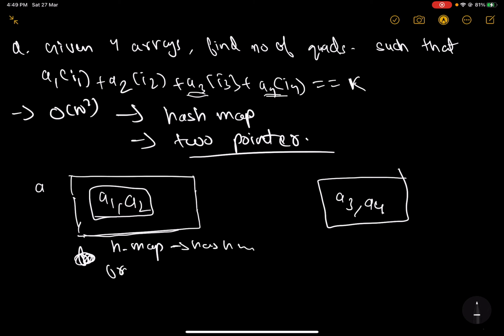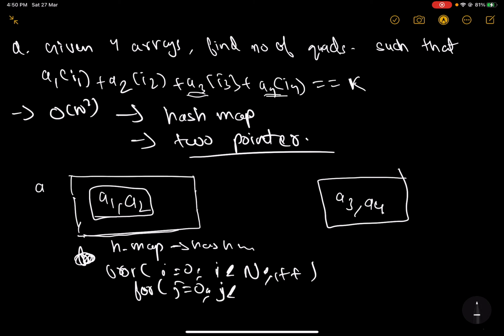I'm going to iterate for i equals 0, i less than n, i plus plus, where both a1 and a2 are of size n for simplicity, and for j equals 0, j less than n, j plus plus, I'm going to insert this value in the hash map: hmap[a1[i] + a2[j]] plus plus.